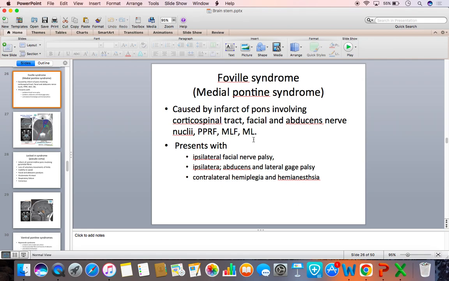So involving these structures, the medial pontine syndrome will present as ipsilateral facial nerve palsy with ipsilateral abducens palsy and ipsilateral horizontal gaze palsy, associated with contralateral spastic hemiplegia and hemianesthesia. This is the medial pontine syndrome.